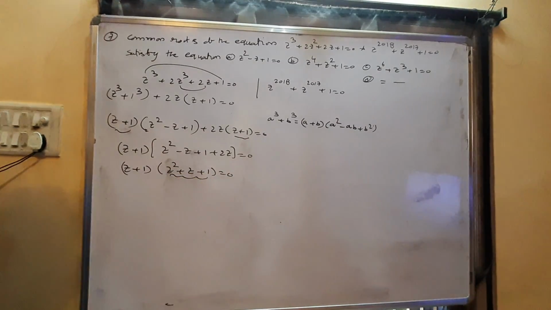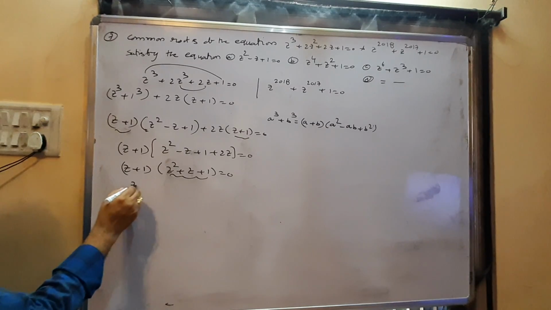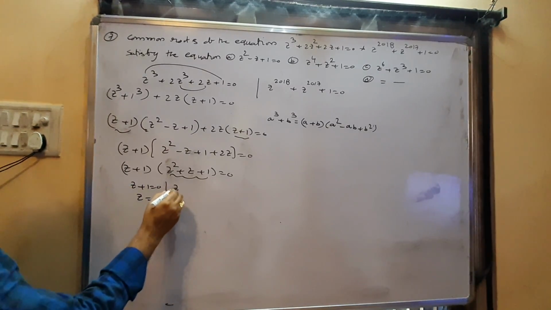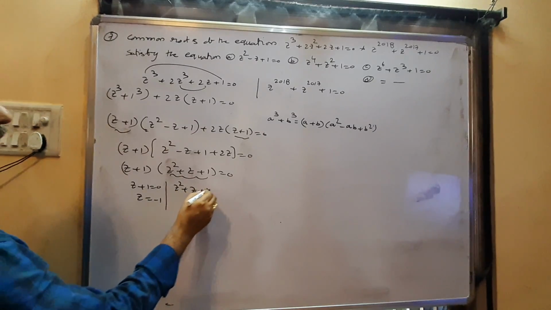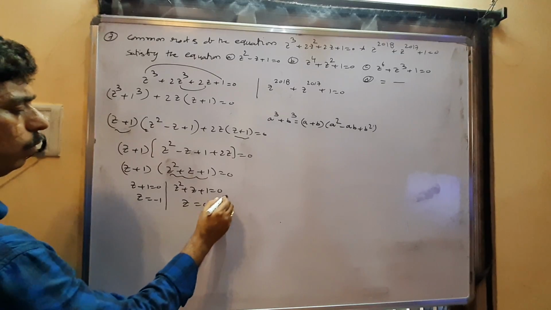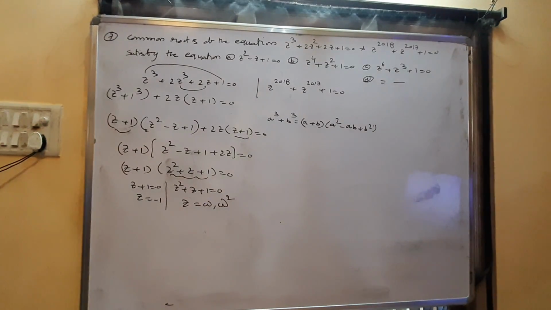This equation has omega and omega squared as roots. z plus 1 equal to 0, z equal to minus 1. And z^2 plus z plus 1 equal to 0 has the roots z equal to omega, omega squared.